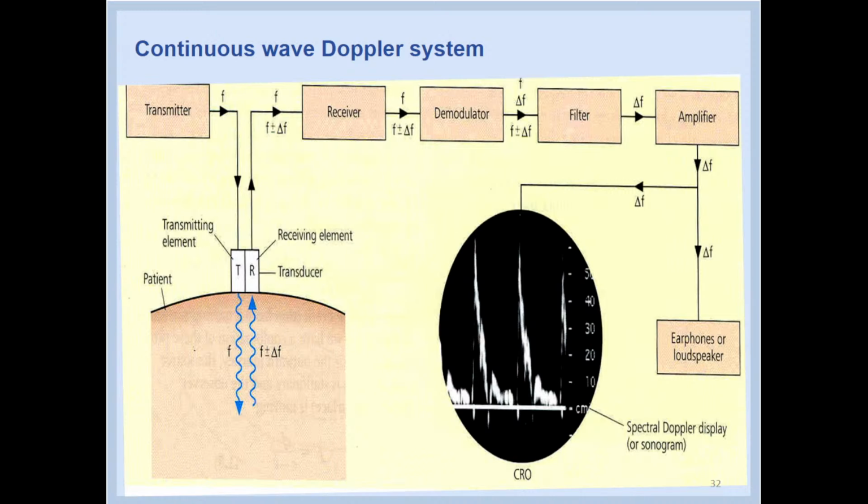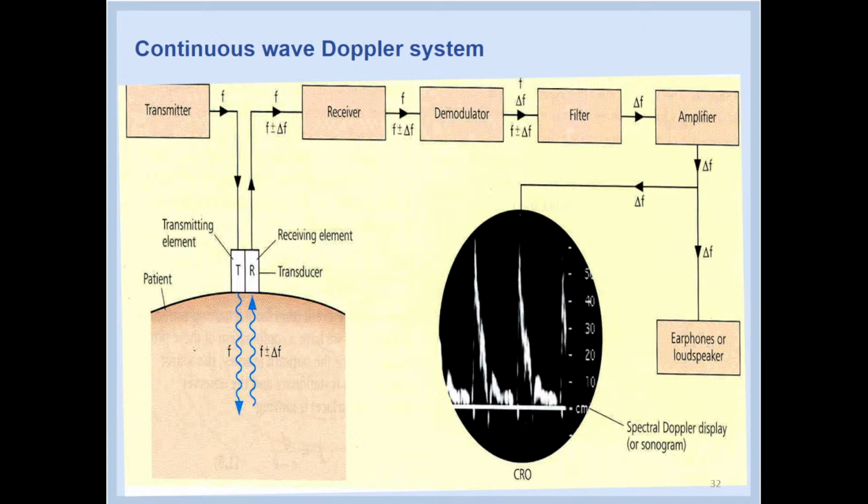The receiver outputs signals containing the same frequency as the transducer due to the stationary reflectors, and the Doppler shifted frequency due to the moving reflectors. The demodulator mixes the output frequencies to generate the Doppler shift separately, and the filter removes any frequencies other than the Doppler shift frequency.